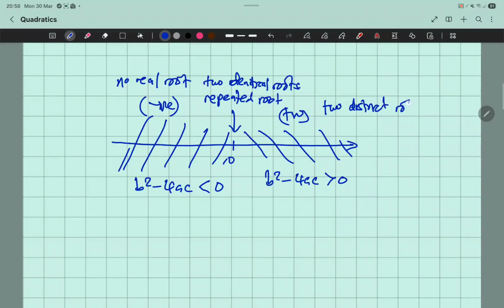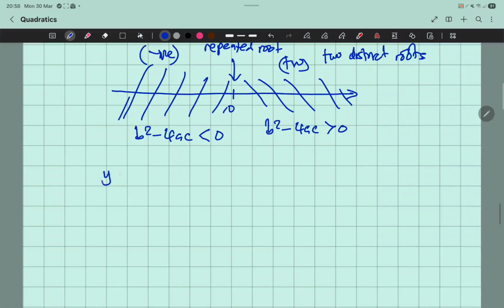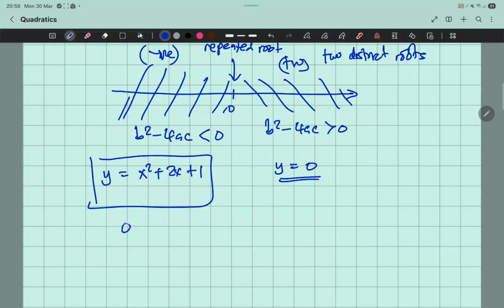distinct roots. Let's say you are given a function of x, y is equal to x squared plus 2x plus 1. To find the roots of this function, the roots are found at y equal to 0. So now 0 is equal to x squared plus 2x plus 1.